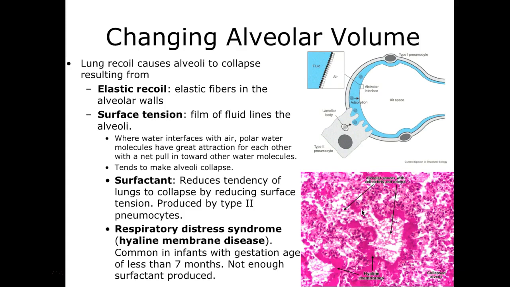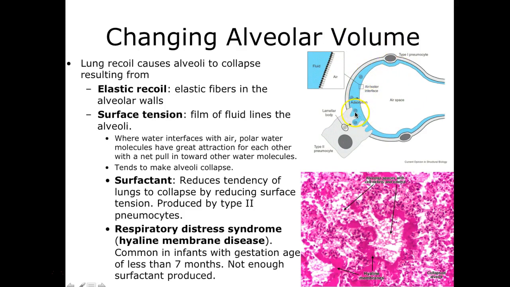So how do we get the volume to change within the alveoli? We need the lung to recoil. And we do this using the elastic fibers within these alveolar walls. We can also use the surface tension, or lack of surface tension, our surfactant, to assist us in that as well.